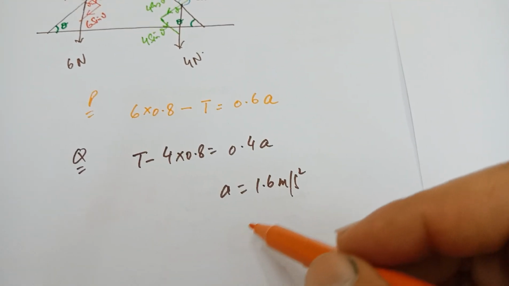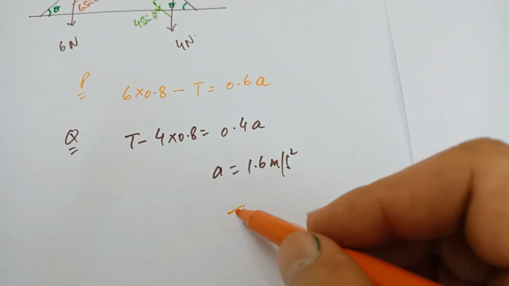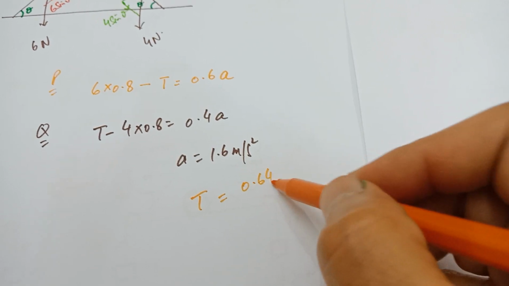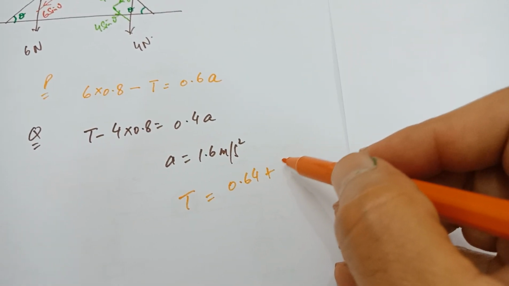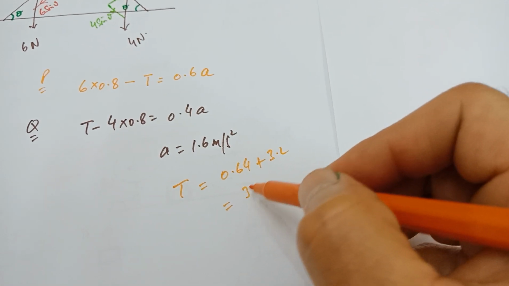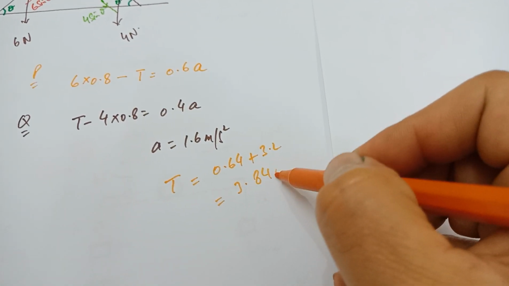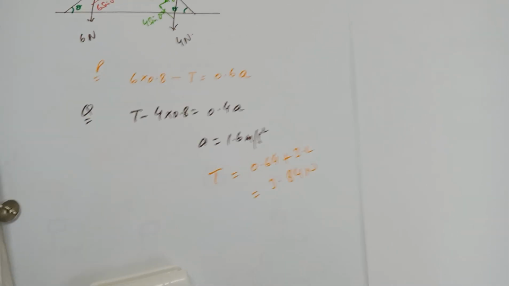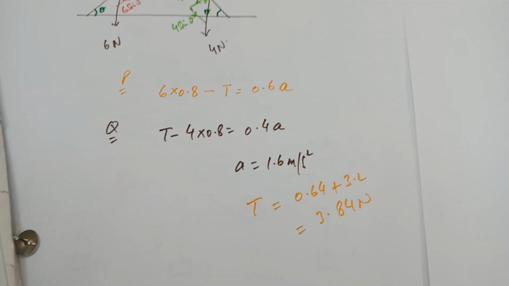I'm putting that into Q's equation. So this T is going to be 0.64 plus 3.2, so this looks to be 3.84. That is the tension in the string. Let me check from the book. Yes, we have both our answers correct.